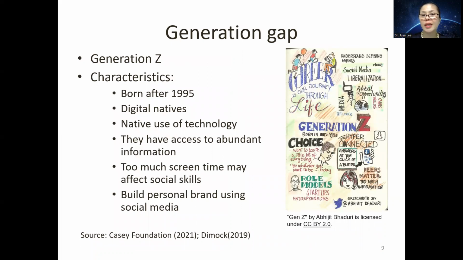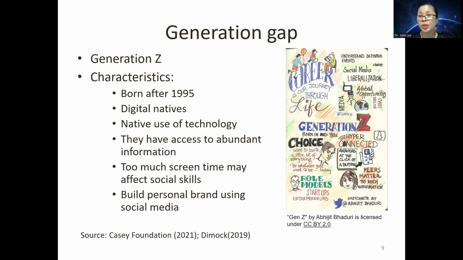Another important aspect about diverse learners is the generation gap. We will encounter as university lecturers a different generation, and in particular, some generations are very different from us, like Generation Z. They were born after 1995.